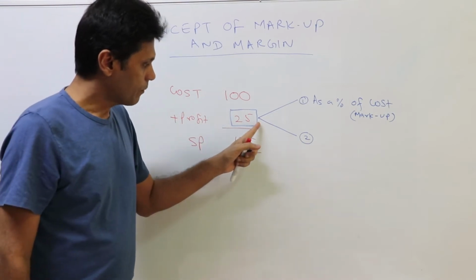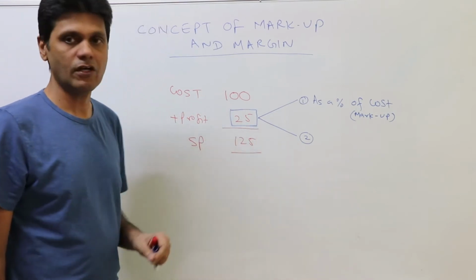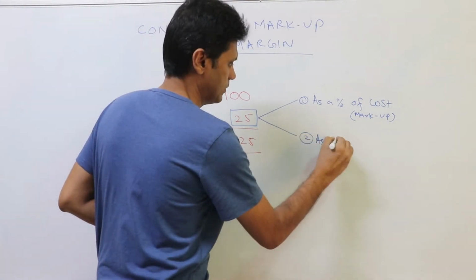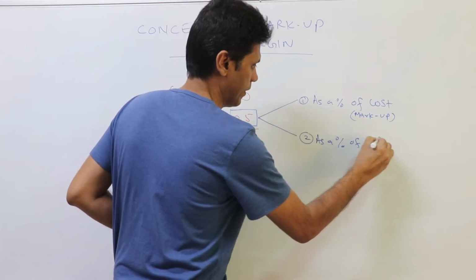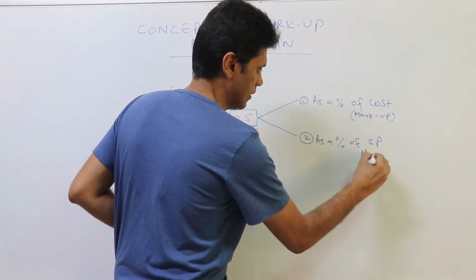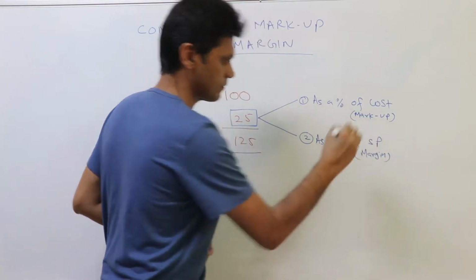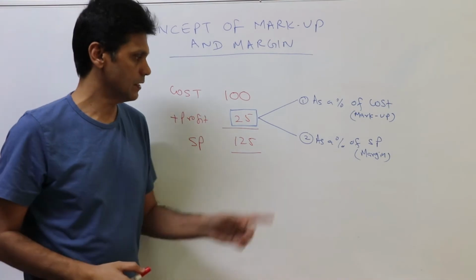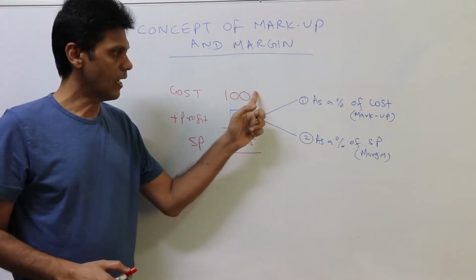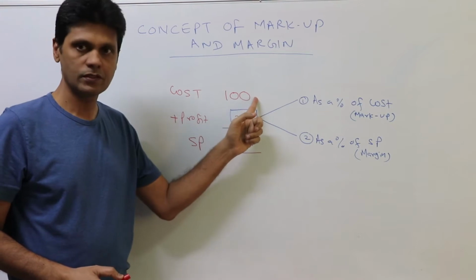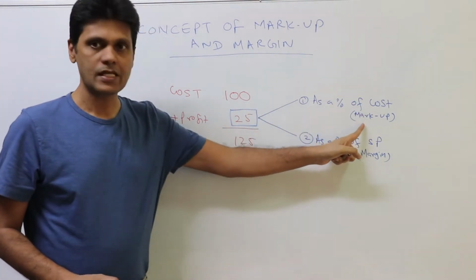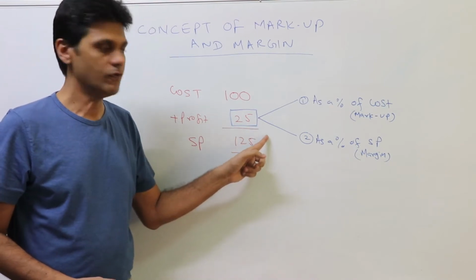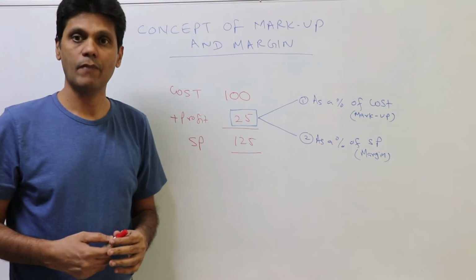And if the profit is expressed as a percentage of selling price, this is known as margin. So you need to know the difference. If the profit is expressed as a percentage of the cost, that is known as markup, and if the profit is expressed as a percentage of selling price, that is known as margin.